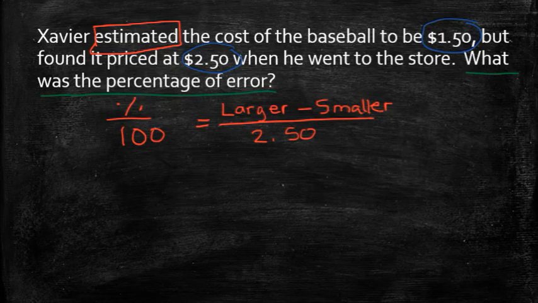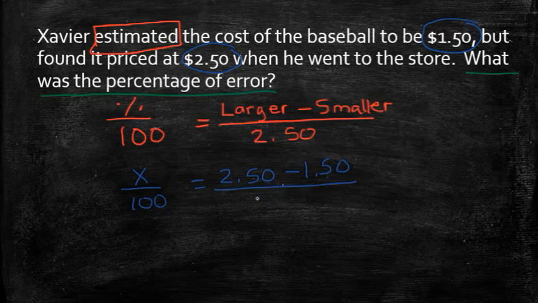And so the percentage is, of course, going to be our variable. $2.50 is the larger number, and $1.50 is the smaller number. So go ahead and pause the video and come back and check your answer and see what you got.